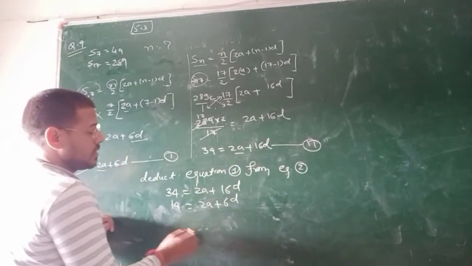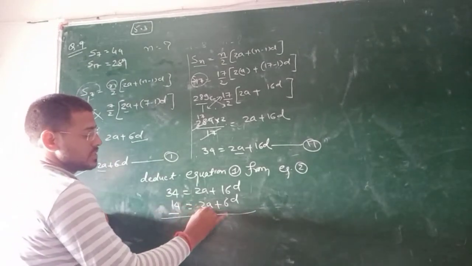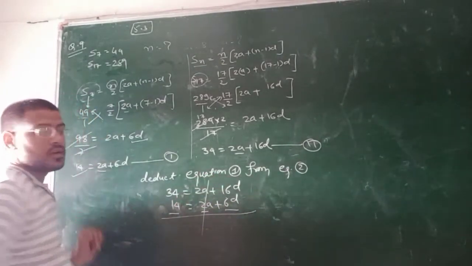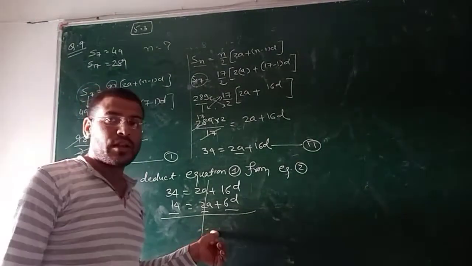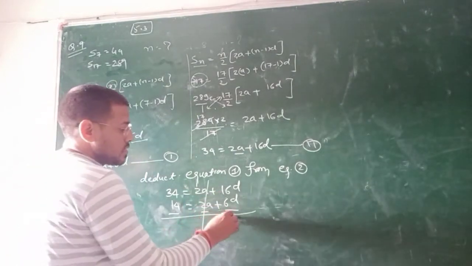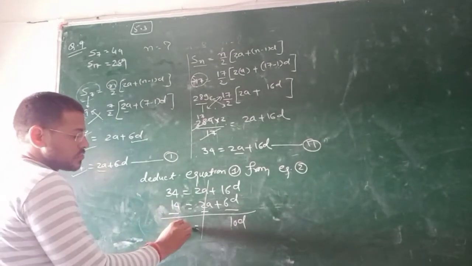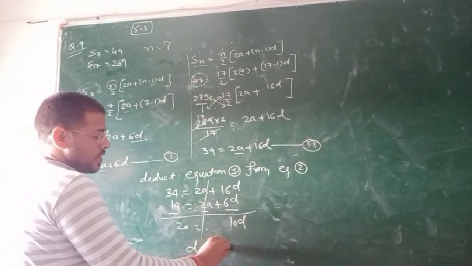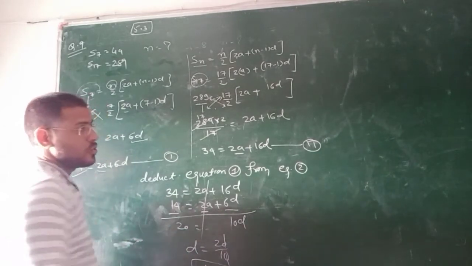Now changing the signs, plus then minus, plus then minus, plus then minus. 2a, 2a, both equations have a similar value 2a, that directly gets cancelled. 16 minus 6 is 10d. Now over here 34 minus 14 is 20. So d is equal to 20 by 10. d is equal to 2.